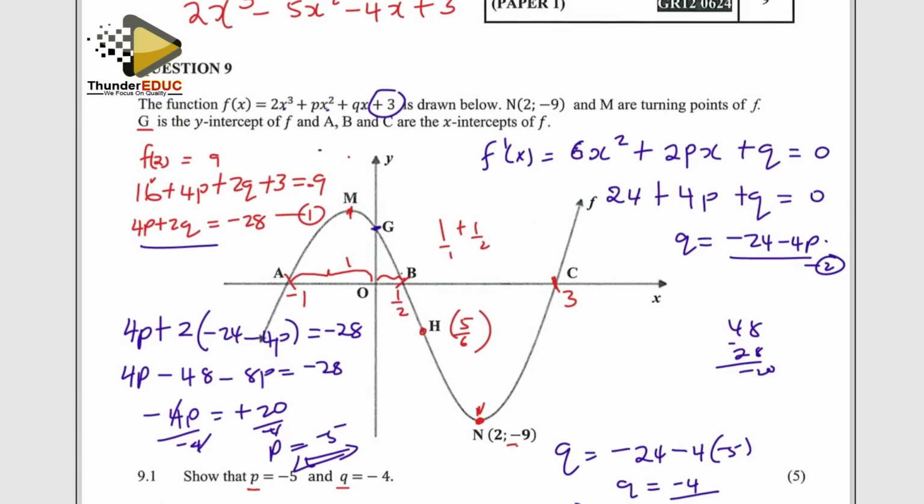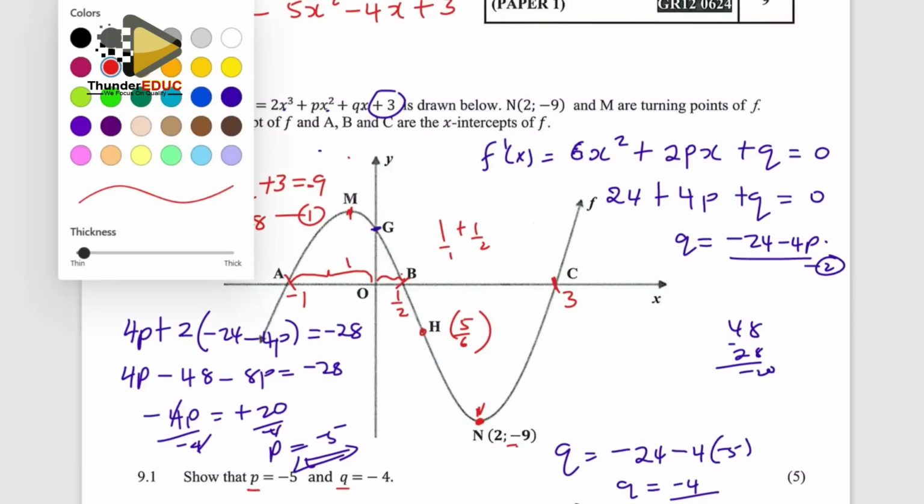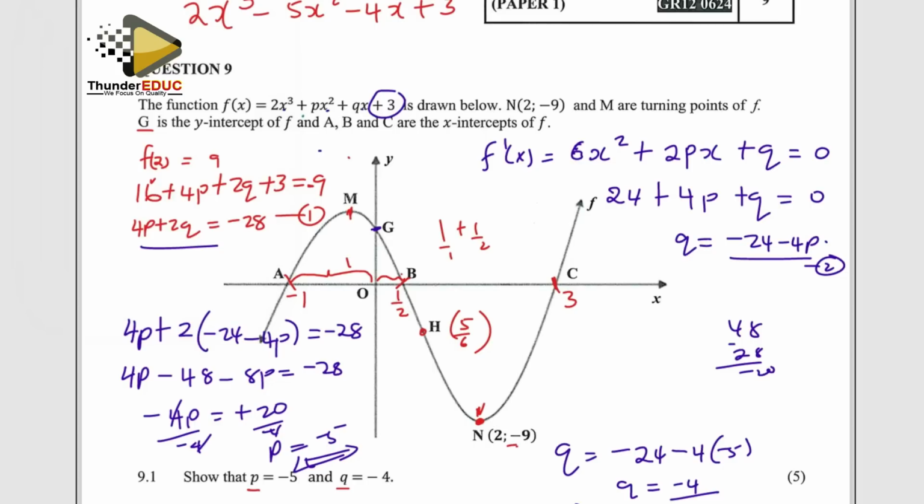So f prime of x is the gradient function, but it's also a parabola, whereby this turning point here, negative a third, and this point here, the 2, are the points where the graph is going to be cutting the x-axis. Then this point of inflection must be our turning point for this parabola, something like that.